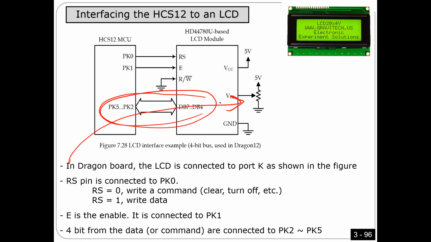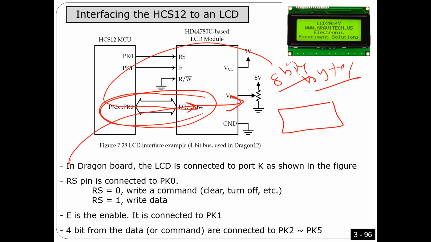Also, I answered another important question. We agreed that all the ASCII characters are bytes, right? Bytes are 8 bits. So the question is, how can you send 8 bits through 4 pins? As I told you, we are going to cut it into 4 and 4.